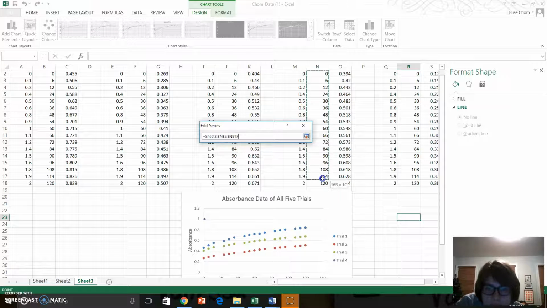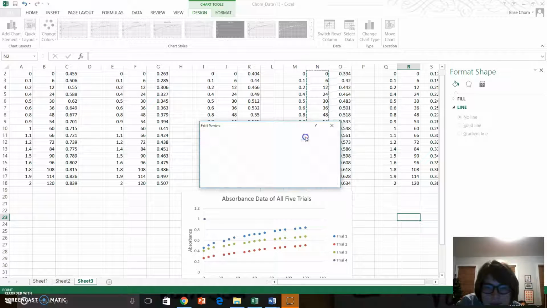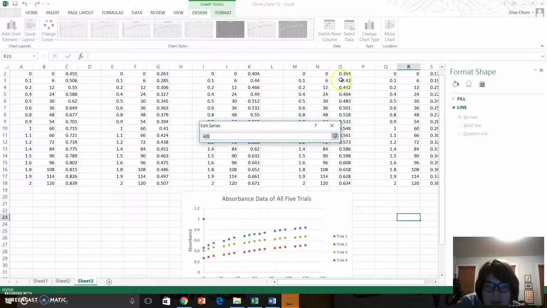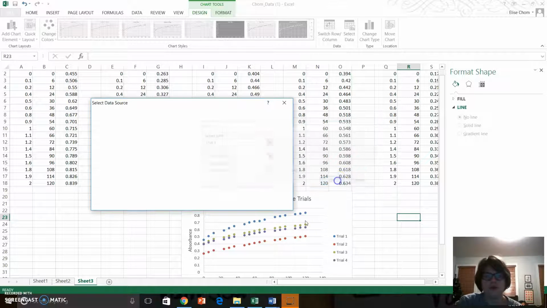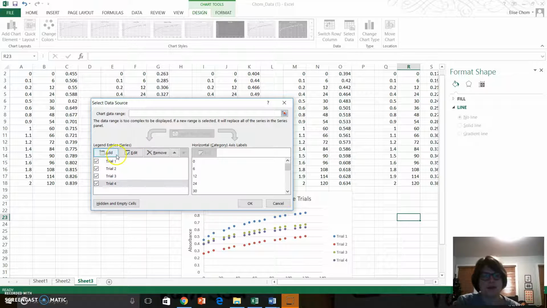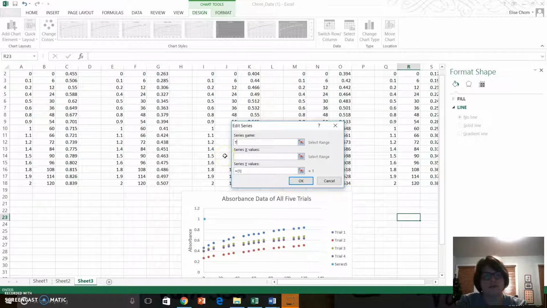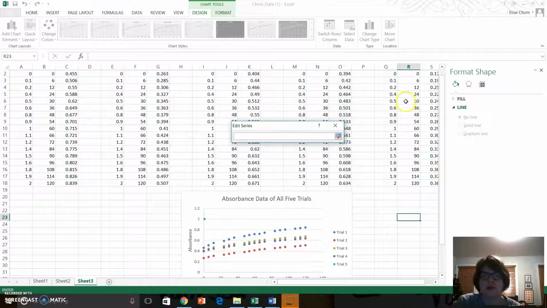My X values. And my y values. Okay. Ooh, look at that. Look at my 4 lines. And the last one, trial 5. I'm going to select my x.